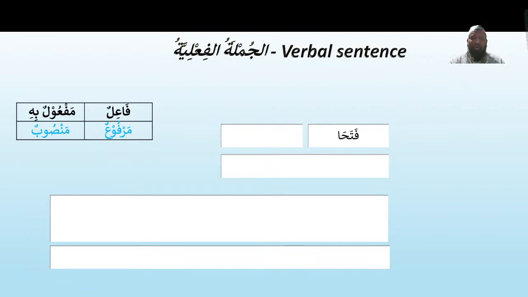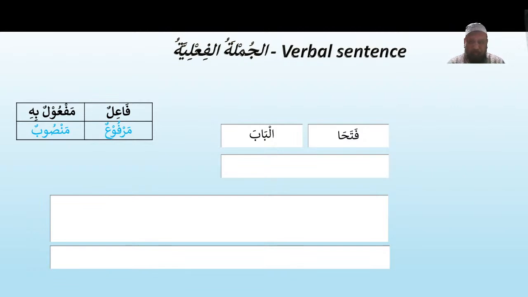So here we already have the fi'l and the fa'il. All we need is, because fataha requires a maf'ul bihi, we have maf'ulun bihi: fatahal baba. In pronunciation, it seems like fataha is mufrad, but when we see it in writing, it is dual.